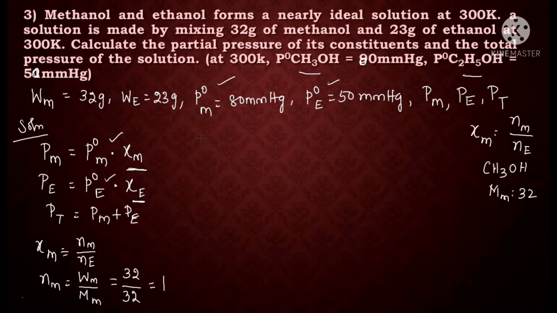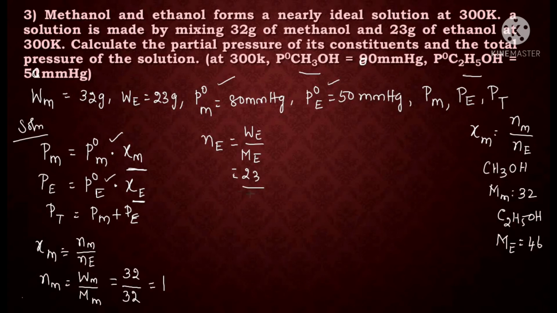Okay, now we want to calculate NE, that is number of moles of ethanol is equal to weight of ethanol divided by molecular mass of ethanol. Okay, what is weight of ethanol? Tell me. 23. What is the molecular mass of ethanol? Here what is the formula for ethanol? C2H5OH. Okay, you just sum up all the atomic masses of all these elements and the molecular mass of ethanol will be 46.